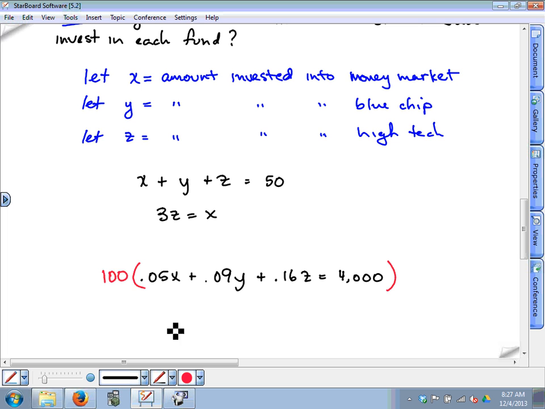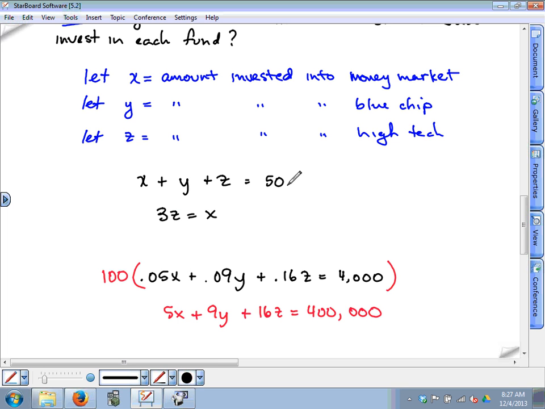Let's multiply it by 100. It would be better to get rid of these decimals. So that becomes 5x plus 9y plus 16z. Oh boy. That's going to be 400,000. Why did I put a 50 there?